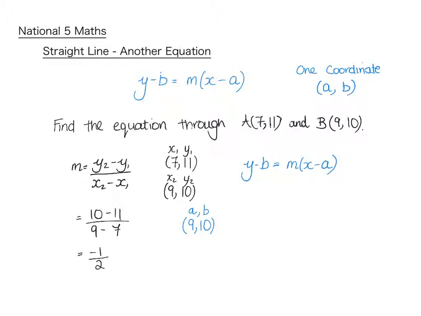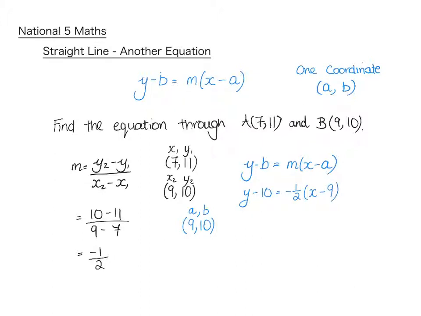So x1, y1, x2, y2 is for the gradient, and then we pick one which becomes a and b for y minus b equals m(x minus a). Substituting in, our x and our y stay, because it's not an equation of a straight line without them. So we get y take away 10 is equal to minus 1/2, for our gradient, times (x take away 9).